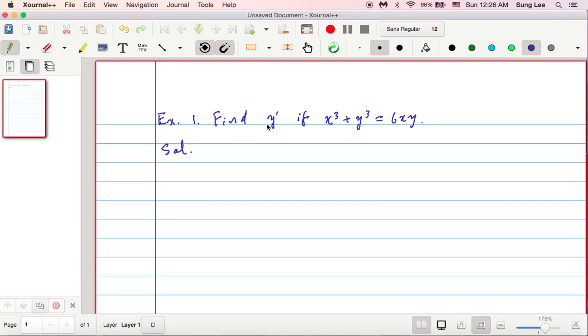Solution. Really, all you have to do is differentiate this equation with respect to x, assuming that y is a function of x. So we have 3x squared plus, y is a function of x, so if you take the derivative of y cubed with respect to x, remember, earlier we calculated this.